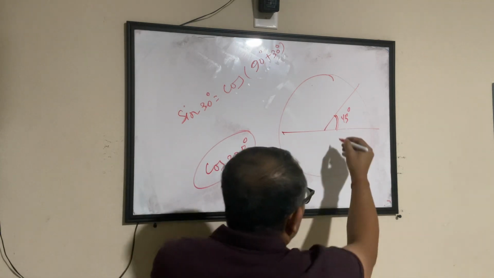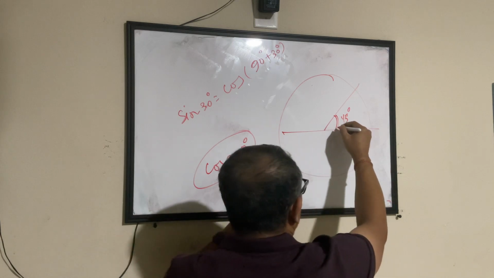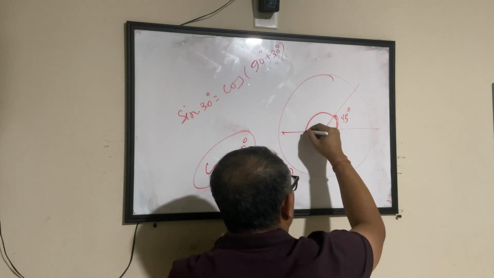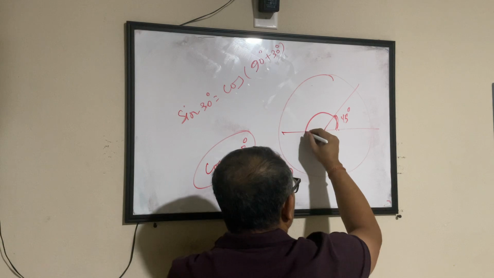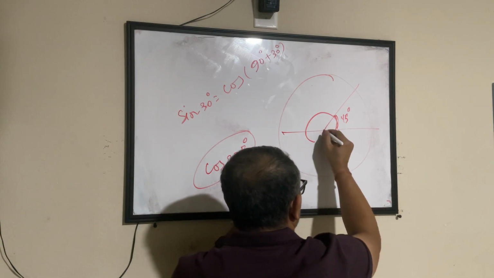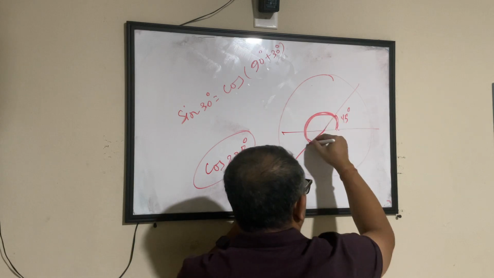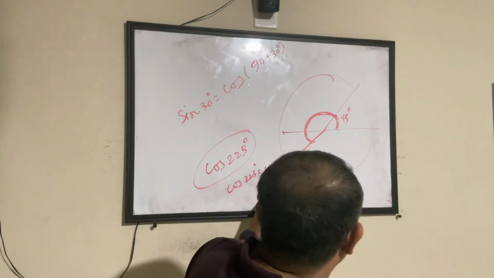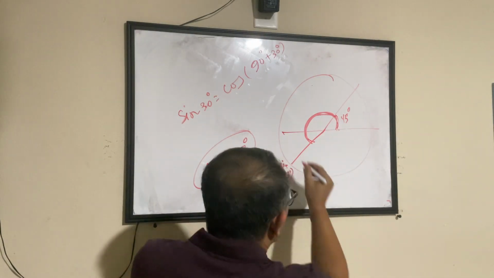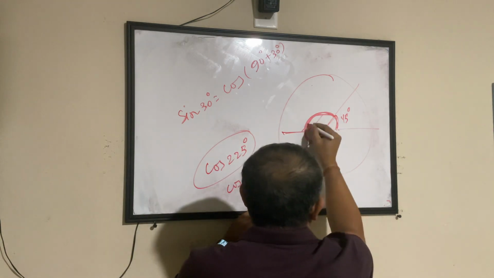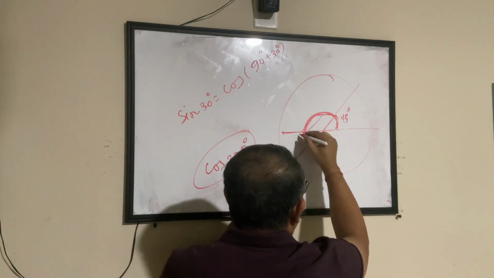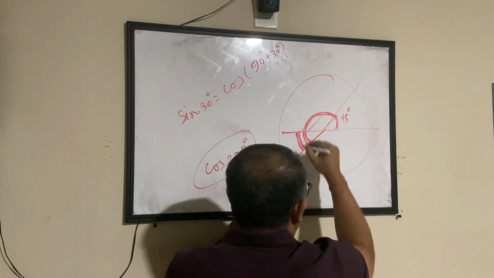Now, essentially, if you're talking about 225 degrees, you're talking about traveling up to here, which is 180 degree, and then 45 degrees here. So you're talking about this part. Now, if you know 45 degrees, you will simply ignore this part and you will come here and say this is my 45 degrees.